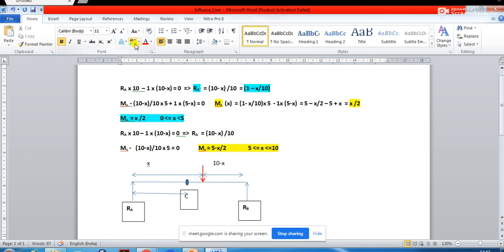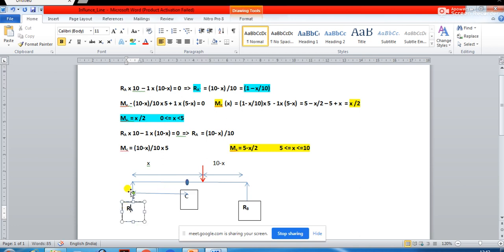Now once this load has crossed this point C, tell me what will be the value of M_C. The value of M_C in that case is going to be the reaction R_A multiplied by this distance.